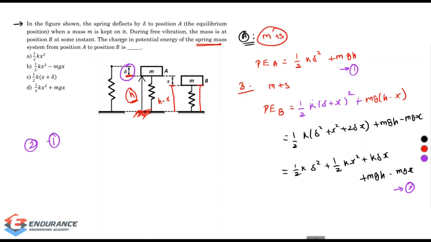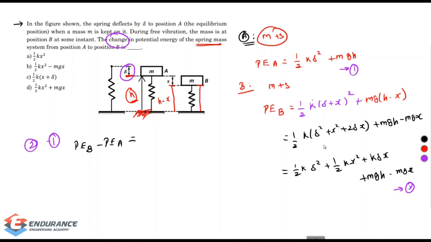That is what they are asking: the change in the potential energy, potential energy at B minus potential energy at A. Before subtracting, was there any other possibility for cancellation? No, so let me directly subtract 2 minus 1.